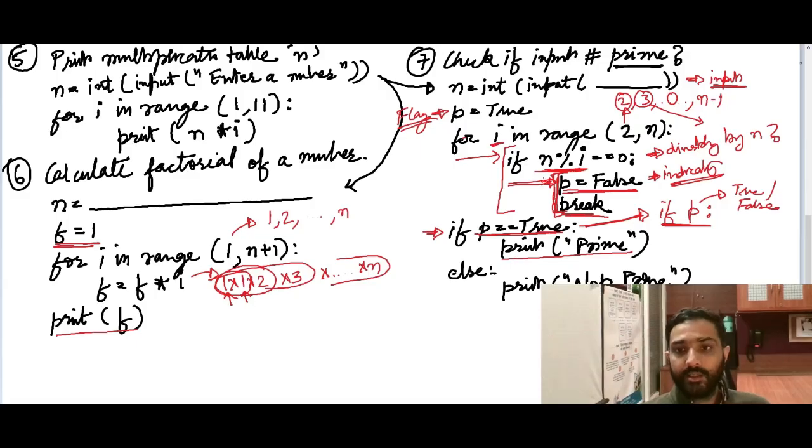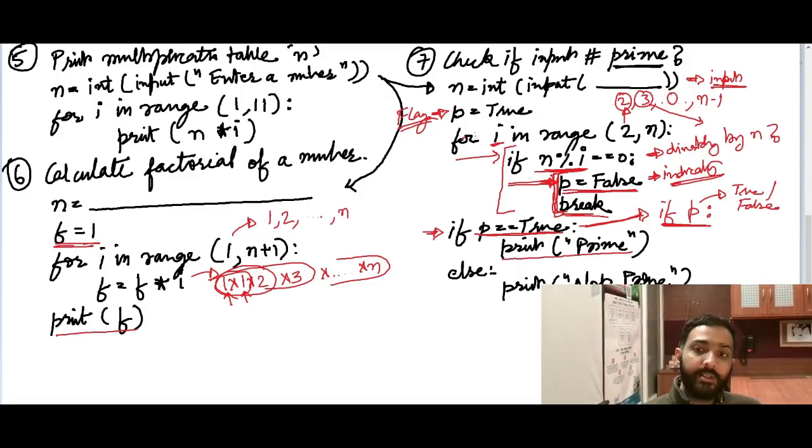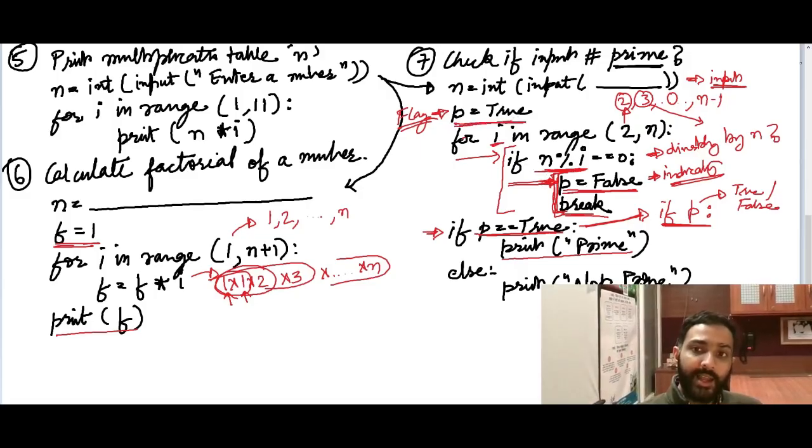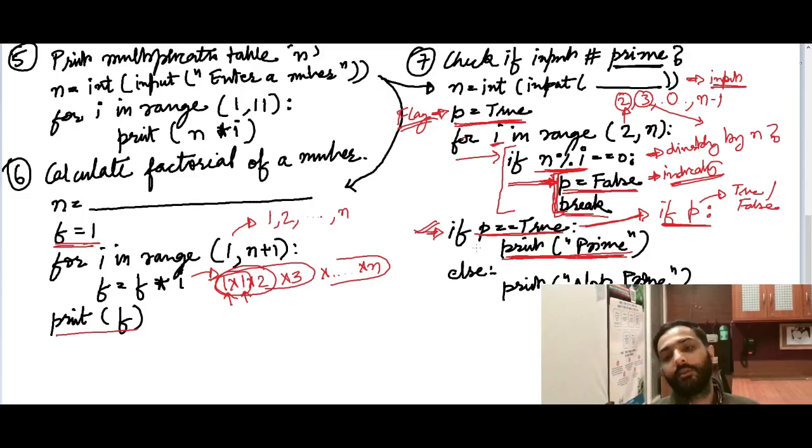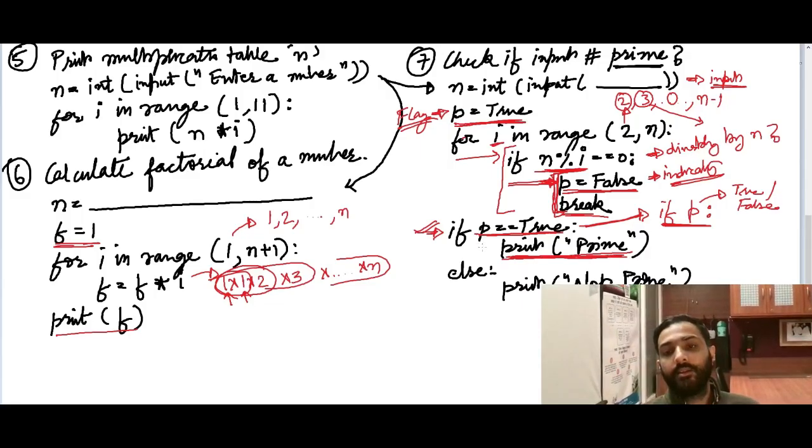So the line p equals false will not get executed, meaning the value in p stays true, the initialized value. Here the condition will be true and it will print prime. I hope this is clear to all, why we have used this p variable as a flag.